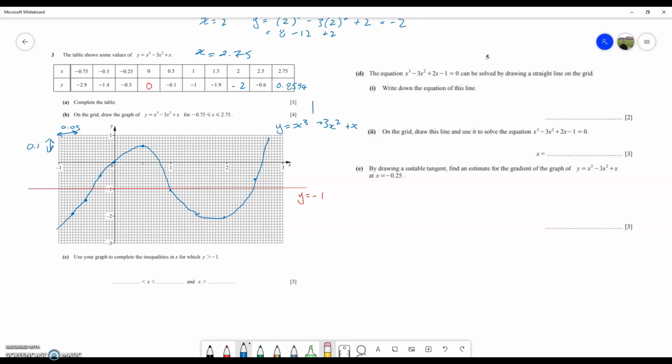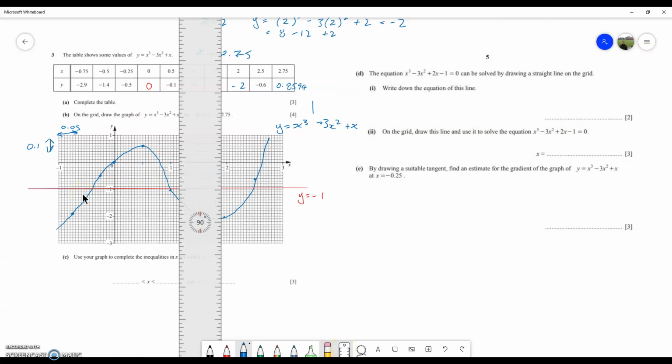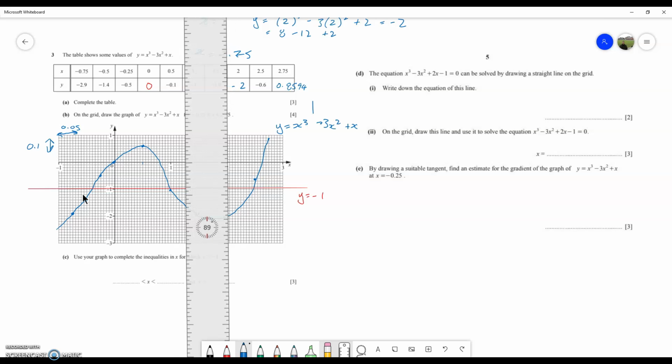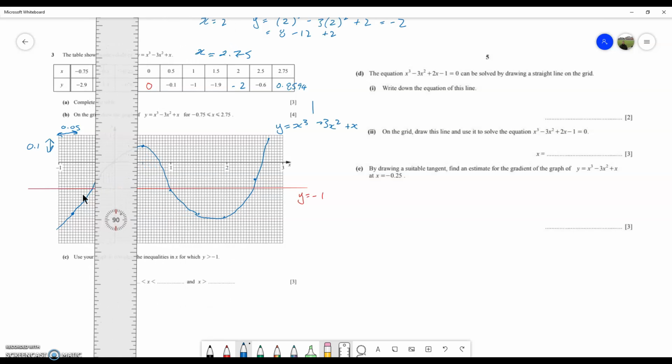So then what we can do is use the ruler to rule our lines. So obviously at this point here is from when it's greater than -1.